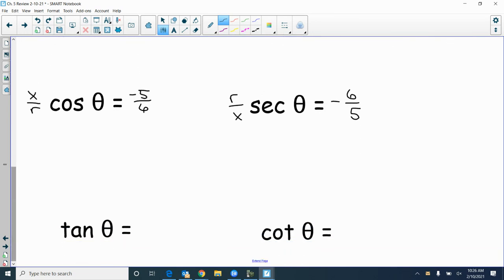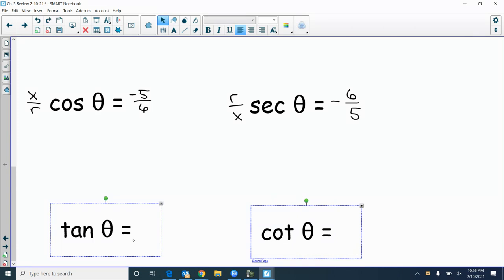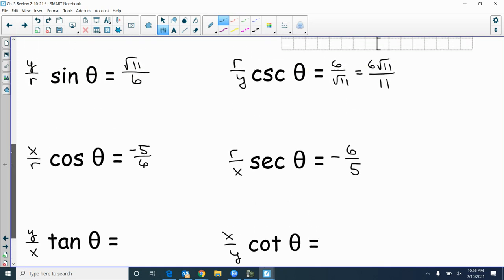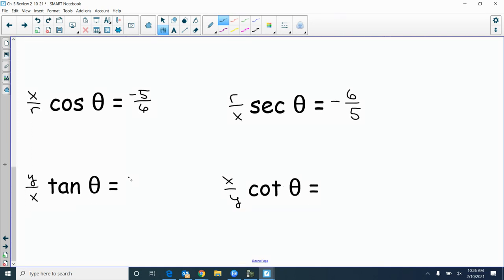Tangent is y over x, and cotangent is x over y. Y over x, what is the y value? Square root of 11 over -5, so the whole thing's negative. And then -5 over square root of 11 is -5 square root of 11 over 11.